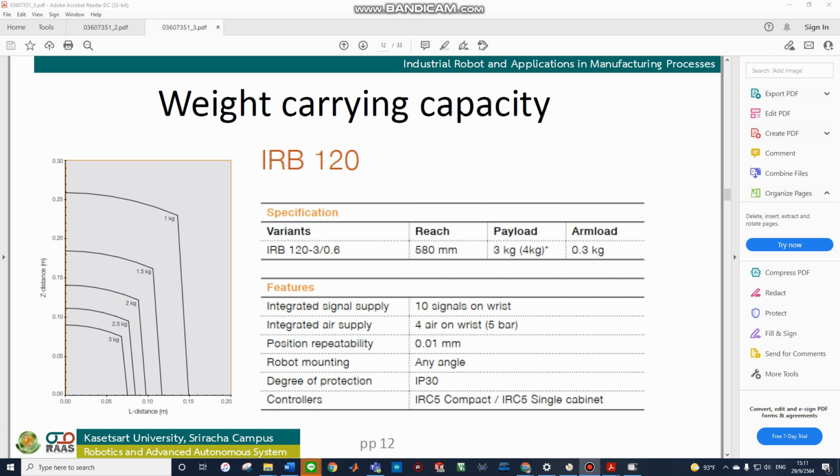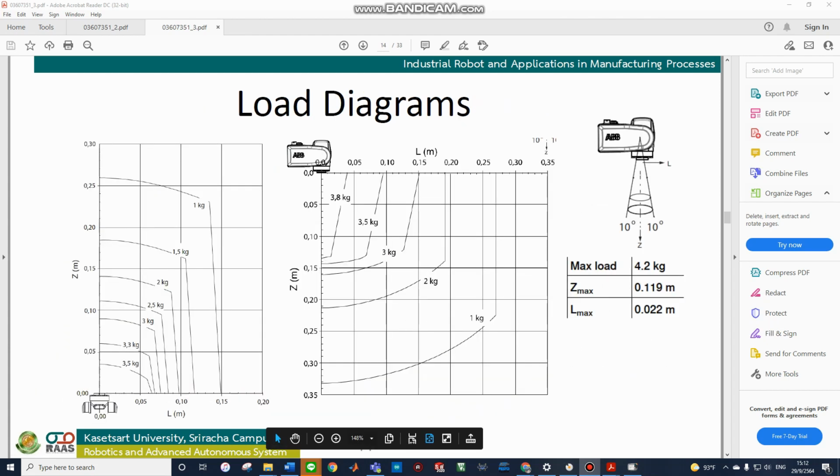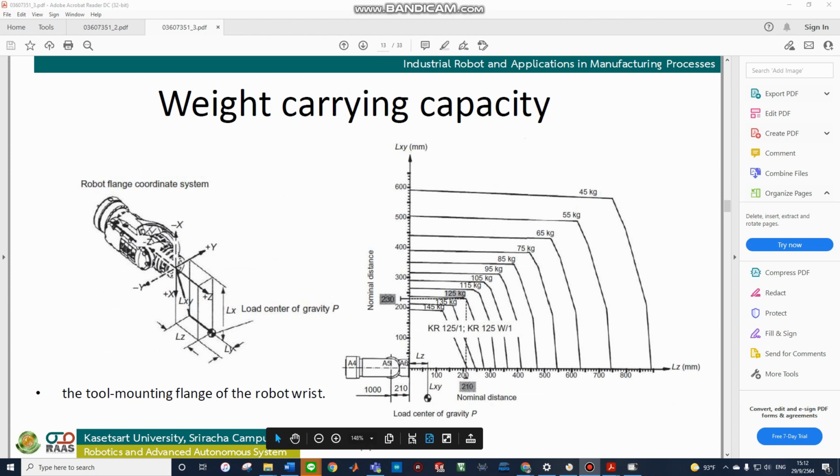This is a graph of set distancing and L distancing about base carry capacities, about base carry capacity.